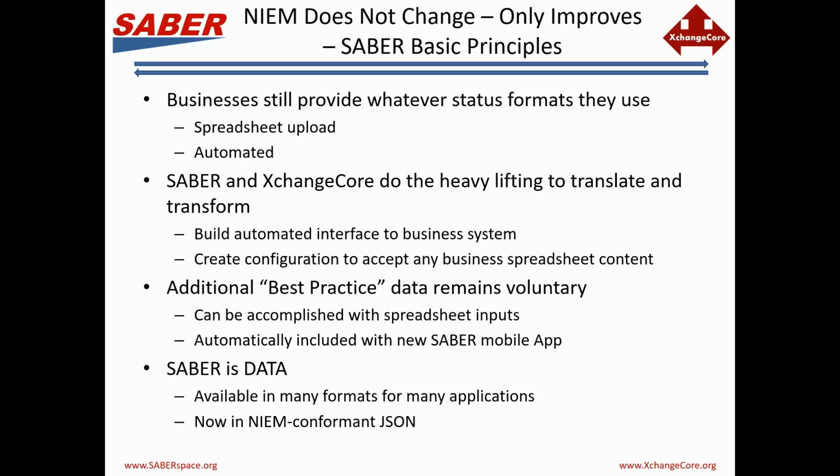That best practice can be included with any of the spreadsheet outputs, and it's already automatically included with the new SABER mobile app. And then the last point about SABER is data. Available in many different formats, many different applications, and now a NIEM conformant JSON for those of you who want that information exchange package.